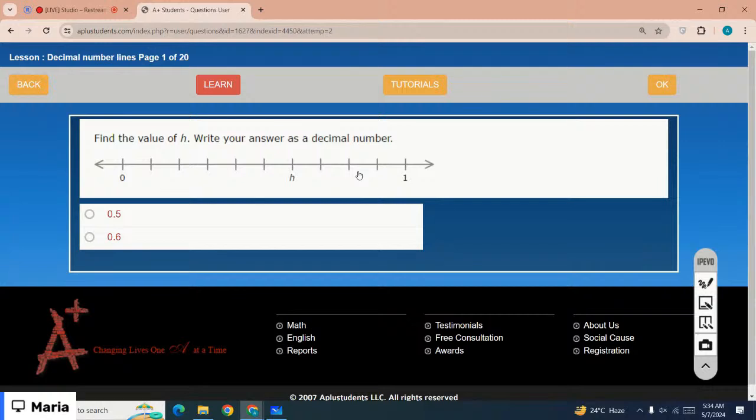The correct option is 0.6. H is at the sixth interval, so that would be 0.6.